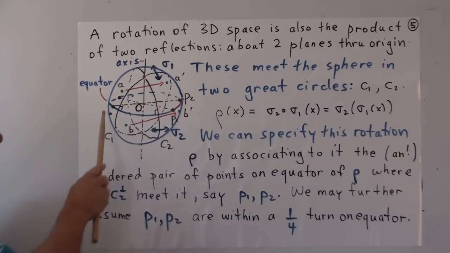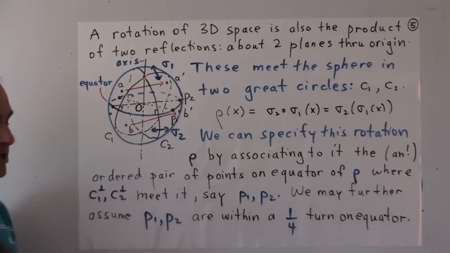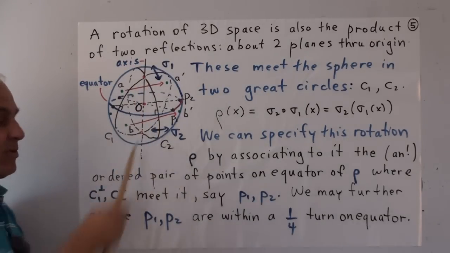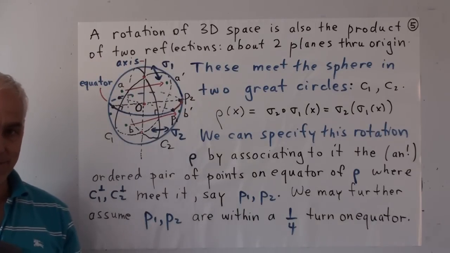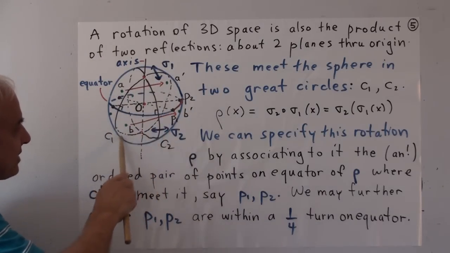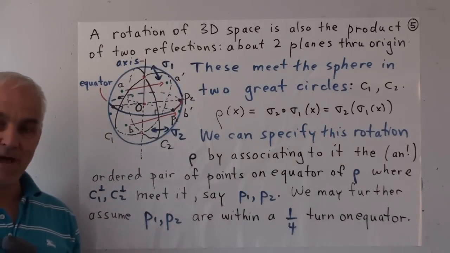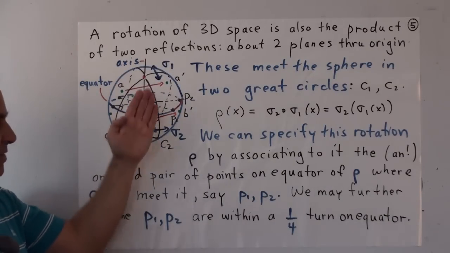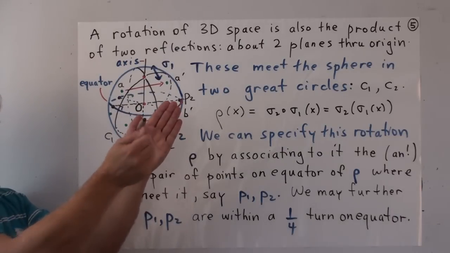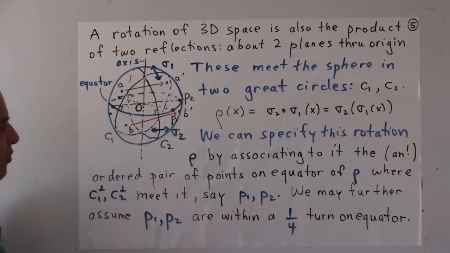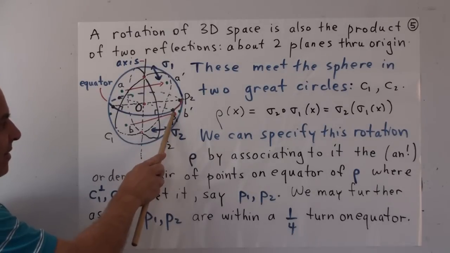And that's to use this equator, which is another great circle, perpendicular to both of the great circles that we've just been considering. So the first circle, C1, has itself a perpendicular axis direction. So if we think of the plane C1, it has a perpendicular axis which meets the equator at some point. Let's call it P1.